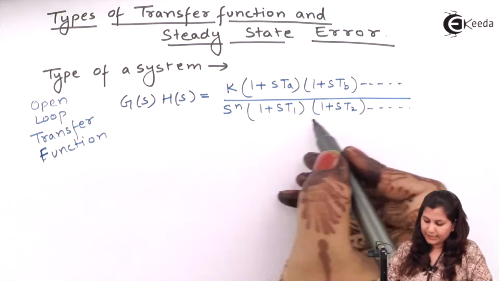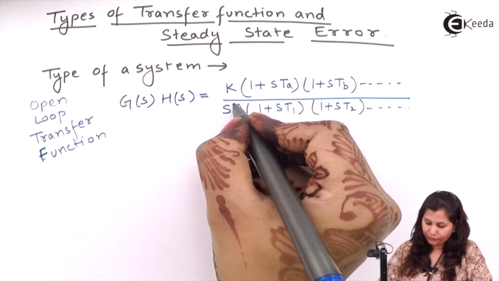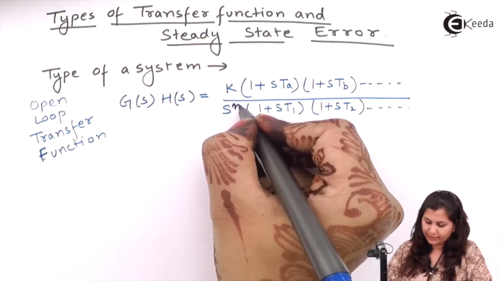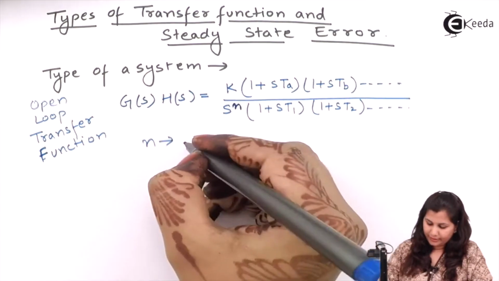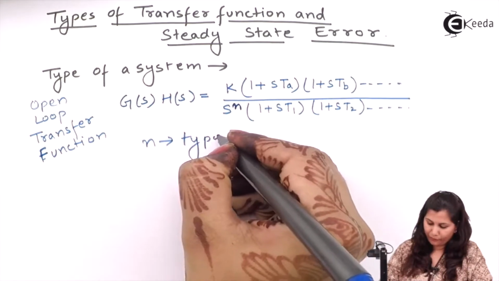Now in this expression, the power of this n denotes the type of a system.